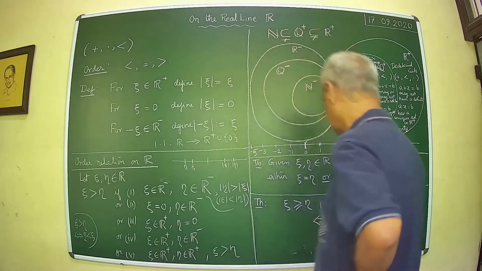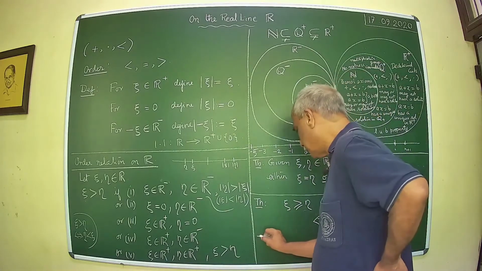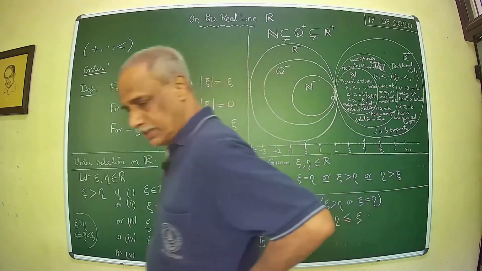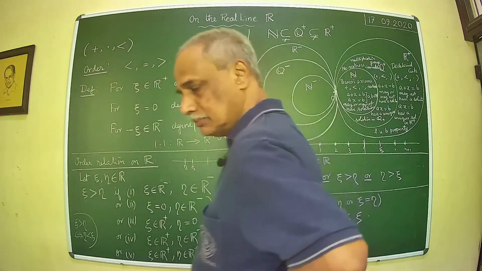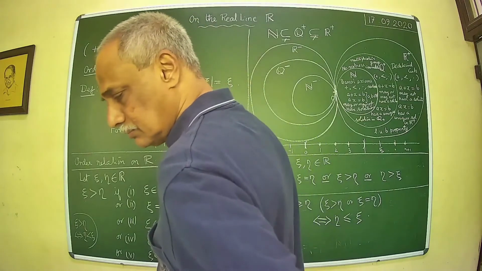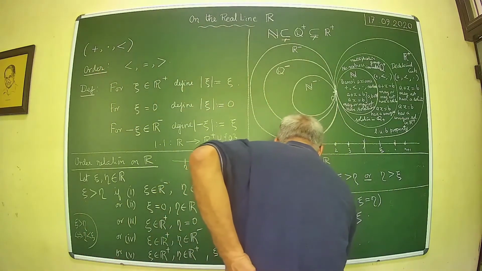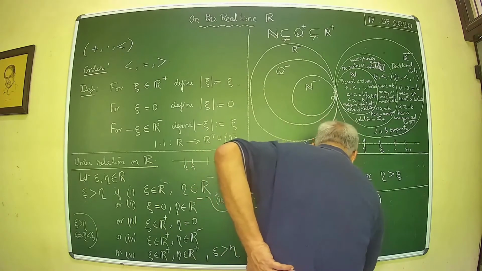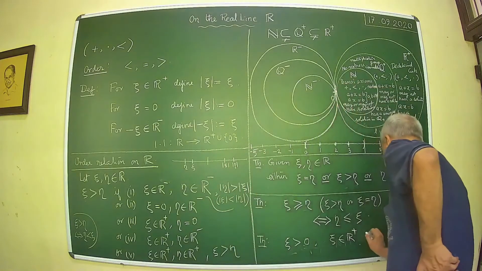Okay. So you have this relation. Now this is again to be proved from the fundamentals and from the definition. So you have psi greater than 0, then psi belongs to R plus, or psi is a positive number.